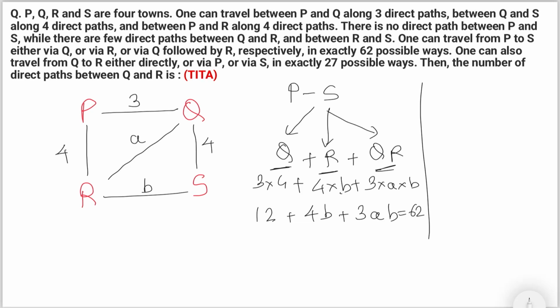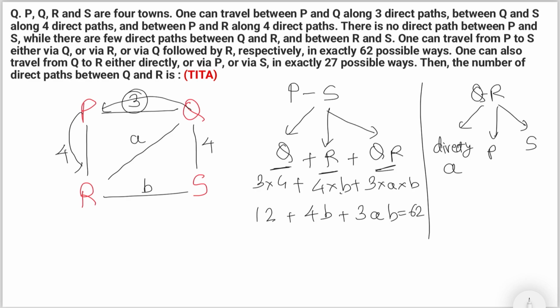Now similarly, from the second last line, one can travel from Q to R also in the same way. I mean directly or via P or via S. If you're traveling from Q to R directly, there are A number of ways available. So directly I have A ways. Traveling via P, I will go from Q to P in 3 ways and then P to R in 4 ways. So 3 into 4, total 12 ways to travel in.